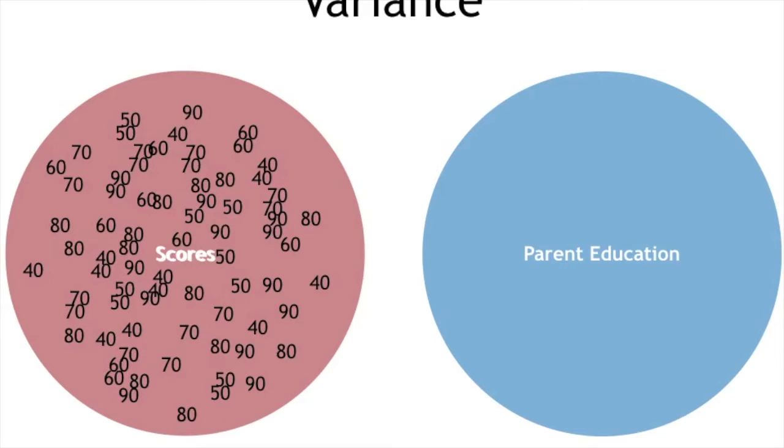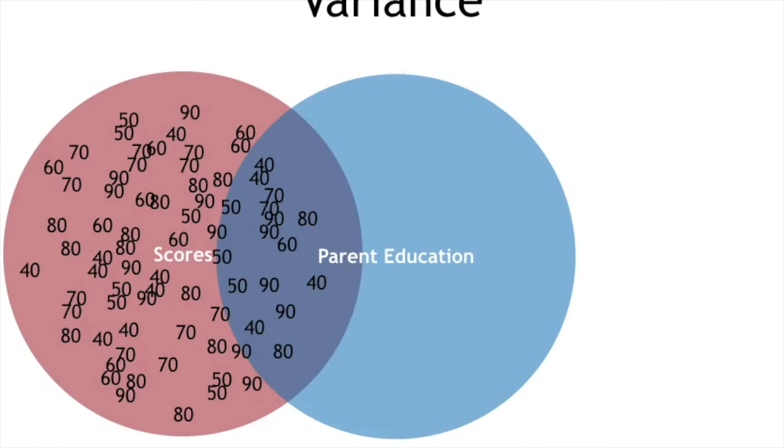By using the correlation between the two variables, I can show that some of the variance in the children's scores is explained by the parent education level. In other words, years of parent education can account for or explain a portion of the variance in the scores.